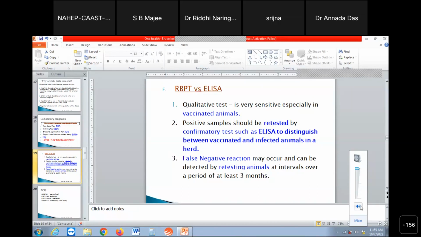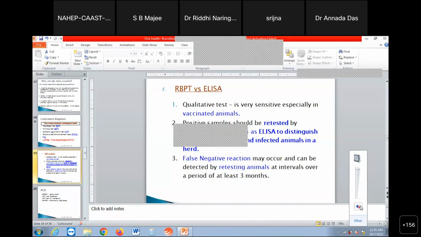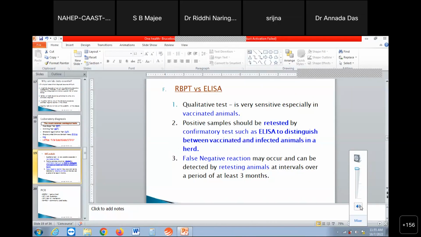Now, false negative reactions may occur and can be detected by retesting the animals at intervals of at least 3 months. So negative readings may be there, and you need to retest these animals, because once the organism has entered into the lymph nodes, it has gone intracellular. Sometimes there may not be any antibodies present in the circulation or in the serum.